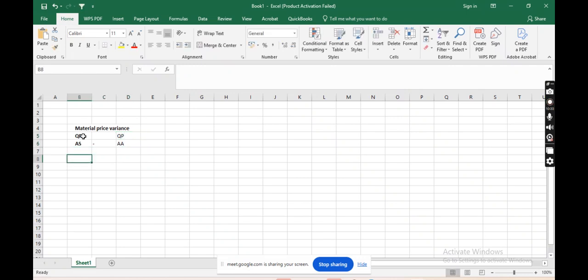So therefore, you can see for A we go for the Q, for S we go for the P, for A we go for the Q, and for A we go for the P. Therefore, we can have AQ, the actual quantity, times SP, the standard price, minus AQ, the actual quantity, times AP, the actual price.